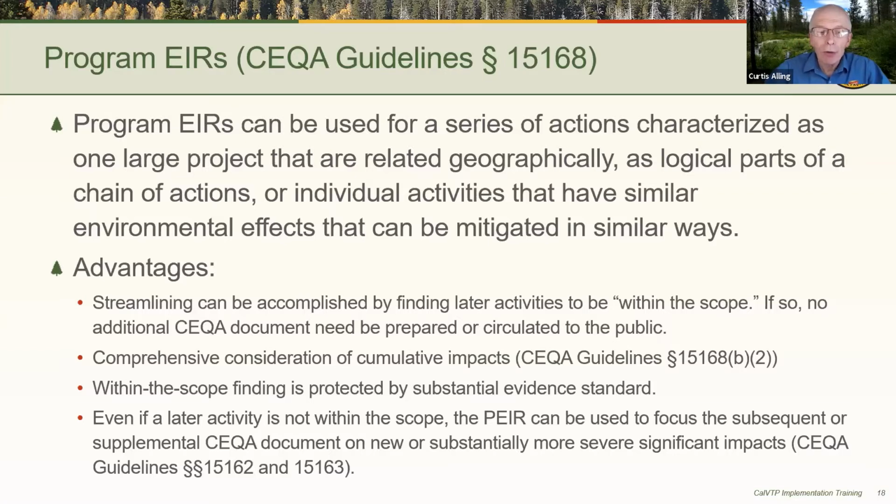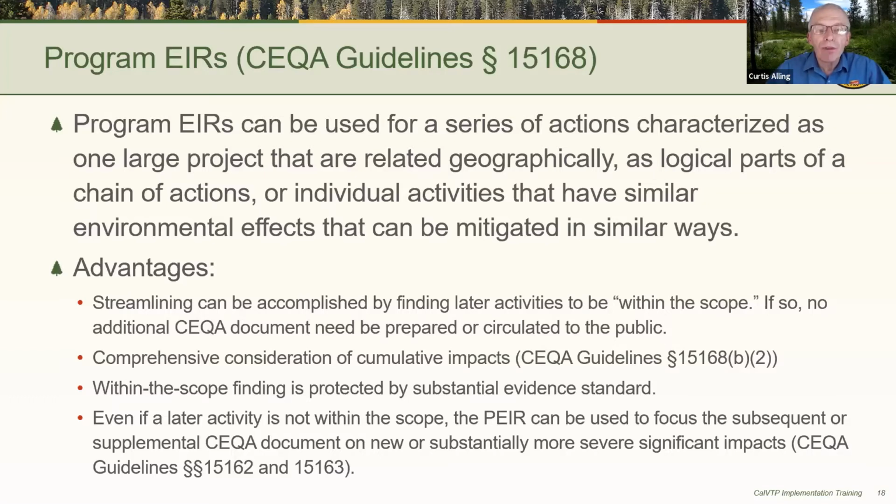Now, the advantages of a program EIR are several. There's a comprehensive consideration of the cumulative impacts of vegetation treatment in habitats across the state. Since this is a statewide program, the program EIR serves to consider those cumulative impacts. Streamlining of projects that qualify as being consistent sufficiently with the program EIR to be called within the scope, that's the maximum approach to streamlining that can occur.